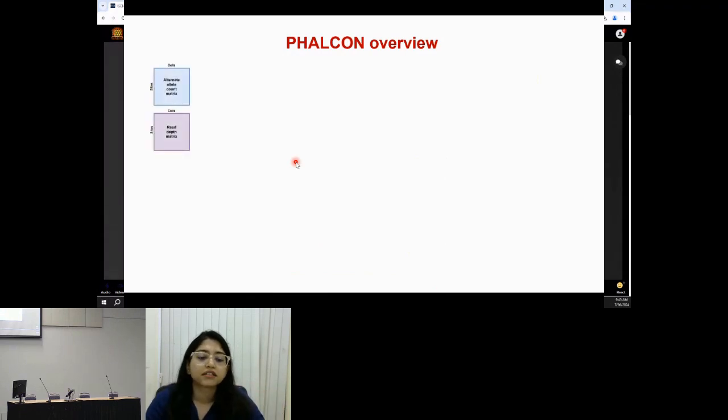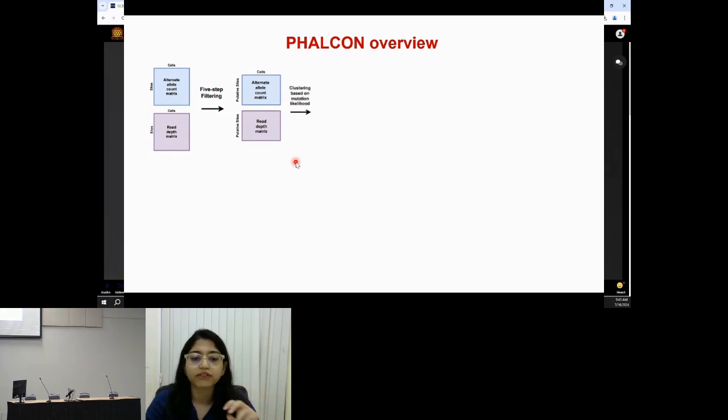Falcon starts out with the read count matrices that are obtained as an output of the pipeline that I just described in the last slide. So we start with alternate read depths and total read depths. We apply a 5-step filtering process in order to find the putative variant sites. On top of that, we calculate the mutation likelihood for all such putative sites in every cell based on beta binomial distributions that I will explain later.